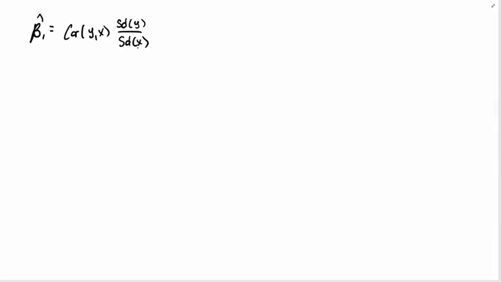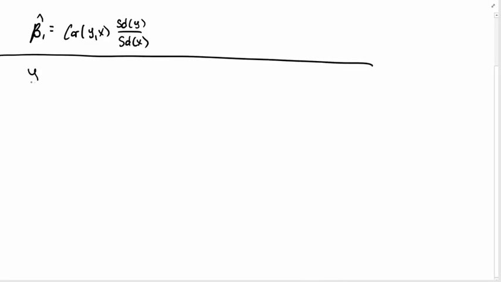So before I do full regression, let me do regression through the origin. I'm going to draw this line here. So I want to fit the best line y equals x beta through my data. My data is y1 up to yn and x1 up to xn.